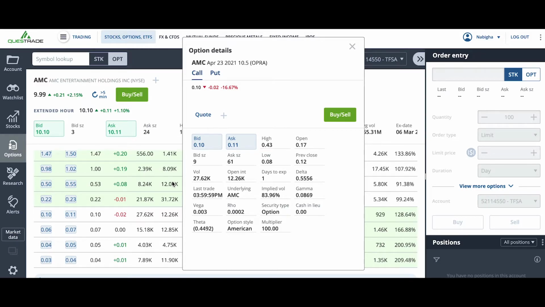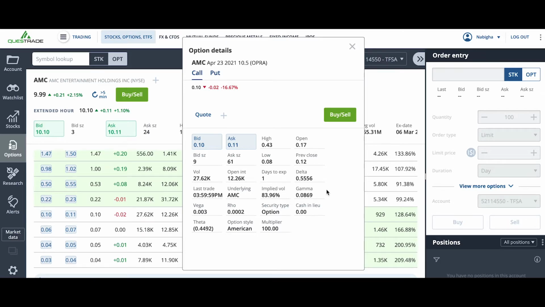Just to summarize, delta here is 55%, gamma was 8%, AMC moved up from $10 to $11. The rate of change in delta was 8%, so it'd be 55 plus 8 is 63. So the new option contract's delta is 63%.